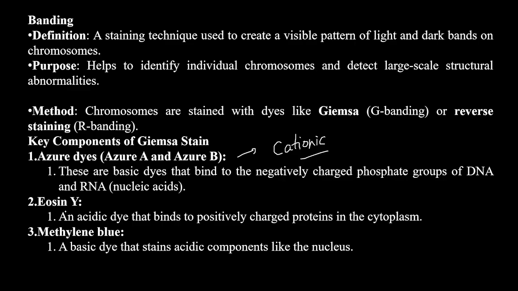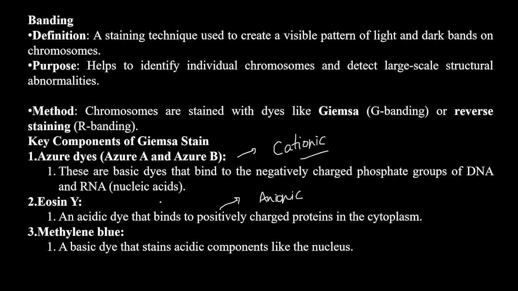Now the other dye is the eosin Y dye, which is the acidic dye, meaning it is an anionic dye, and it will bind to the positively charged proteins in the cytoplasm. The third one is the methylene blue. Again, this is a basic, cationic dye, and that will stain the acidic components like the nucleus.